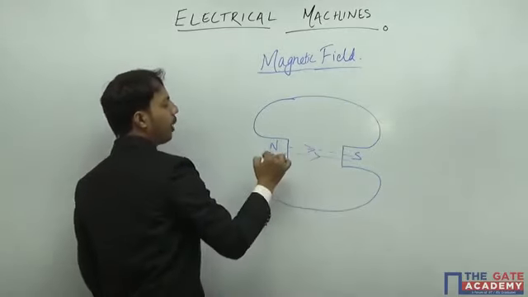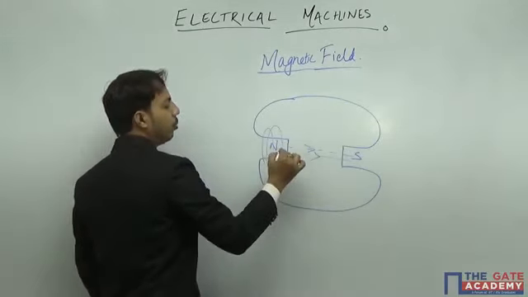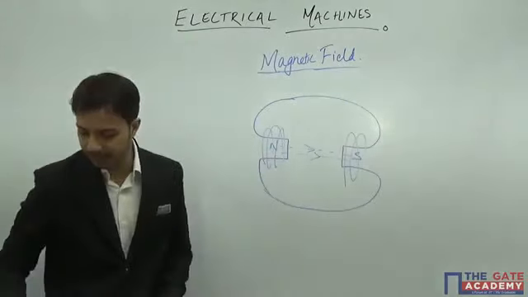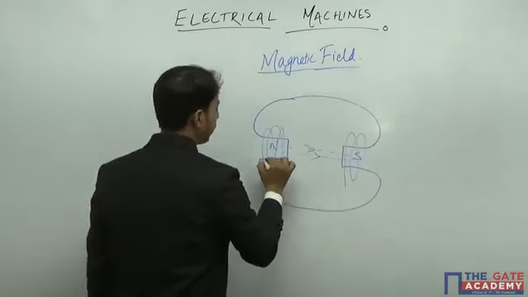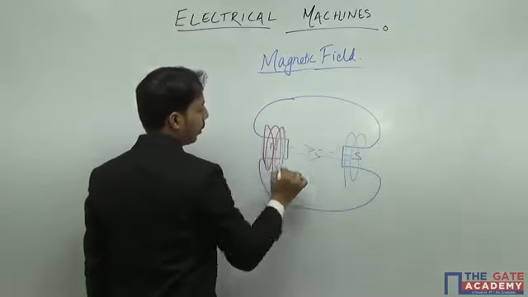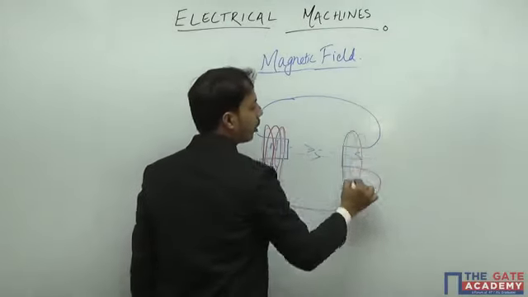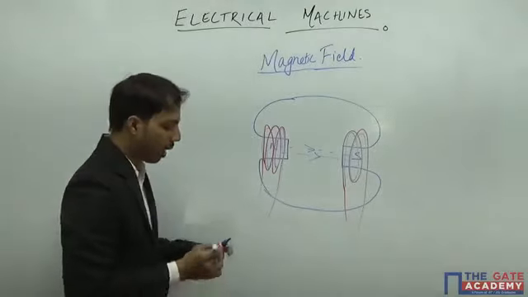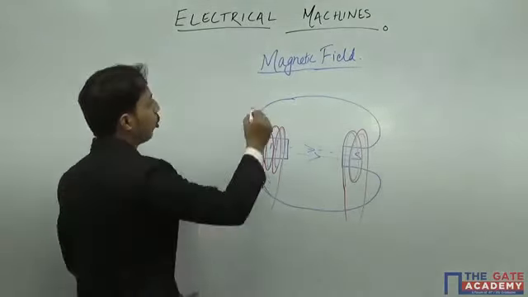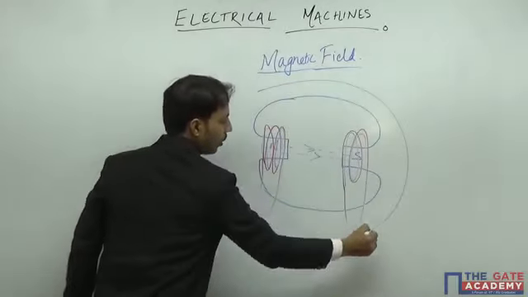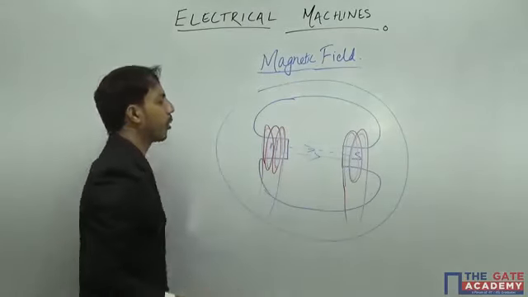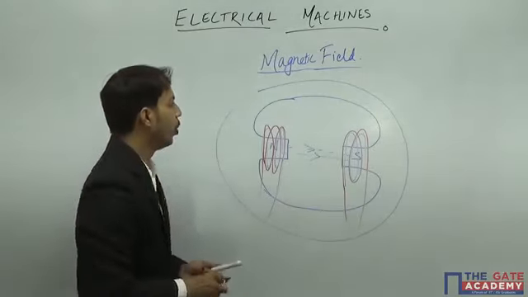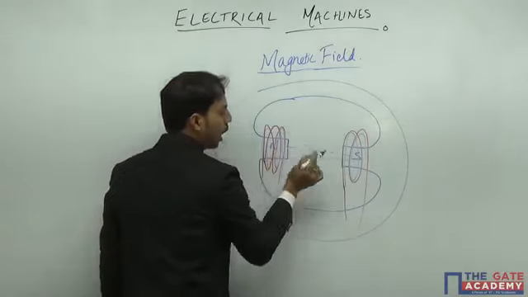This is an electromagnet which is created by conductors. I can color the conductors. So these are my conductors, and I've created this electromagnet. You see, this blue is my core. Now what I have said is that the field will flow from north to south outside the bar.